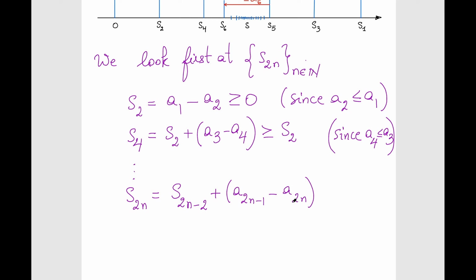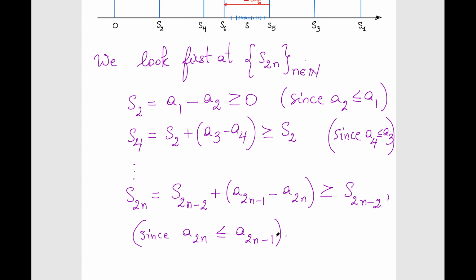So you add these terms in order to get to S2n from S2n minus 2. And same story, since the AIs is a non-increasing sequence, that guy is going to be non-negative, and as such, this is going to be greater than or equal to S sub 2n minus 2, because this difference is greater than or equal to 0, since A2n is less than or equal to A2n minus 1. Makes sense?